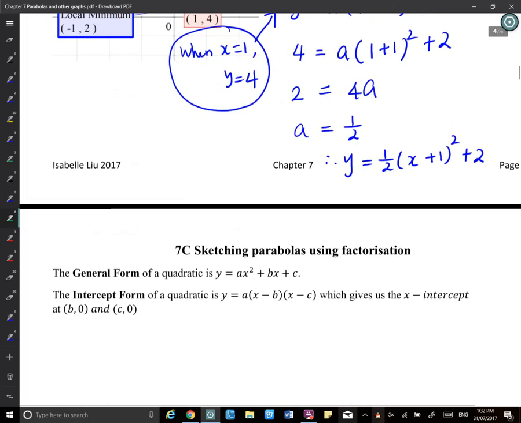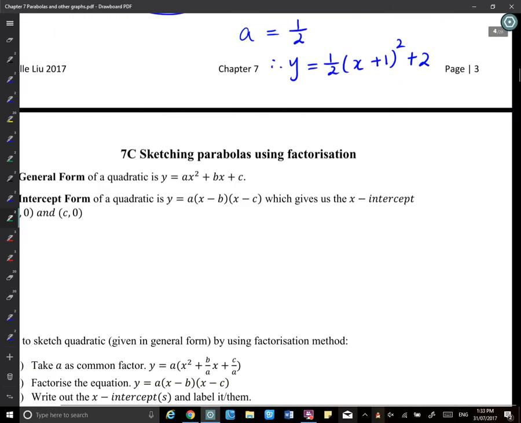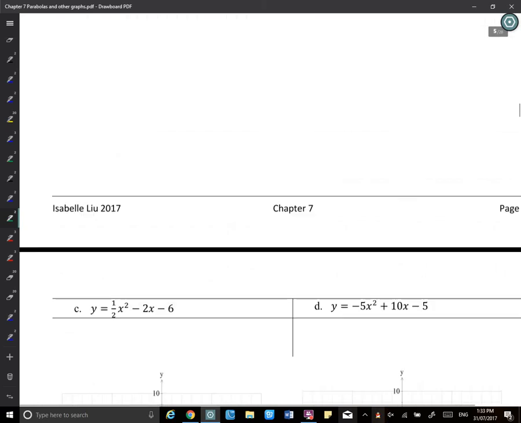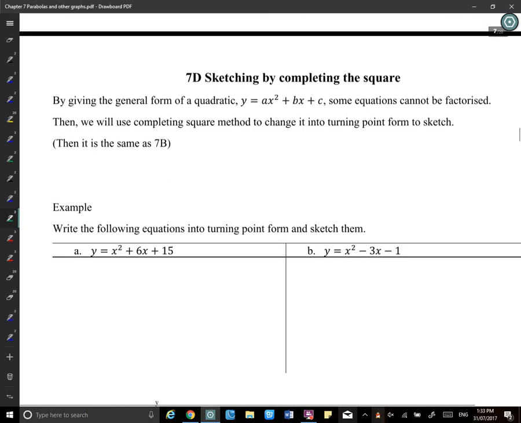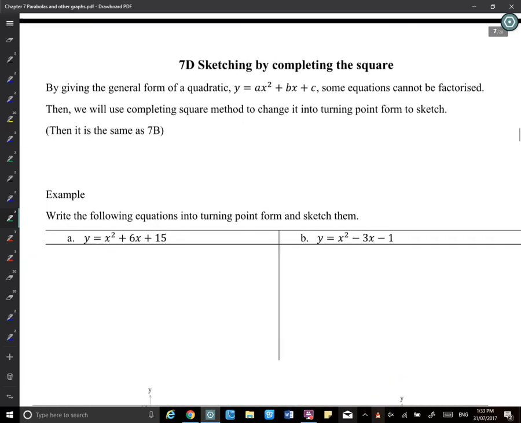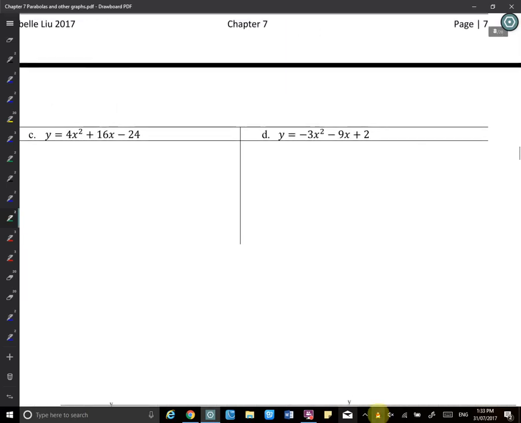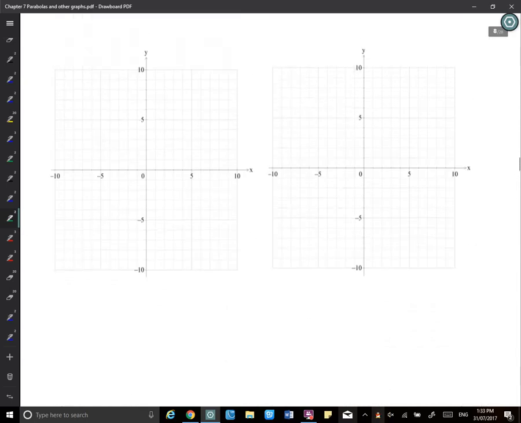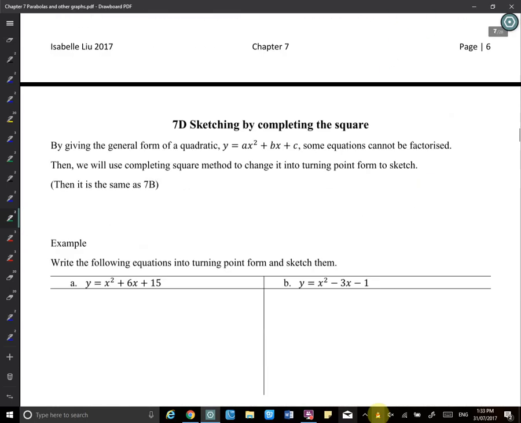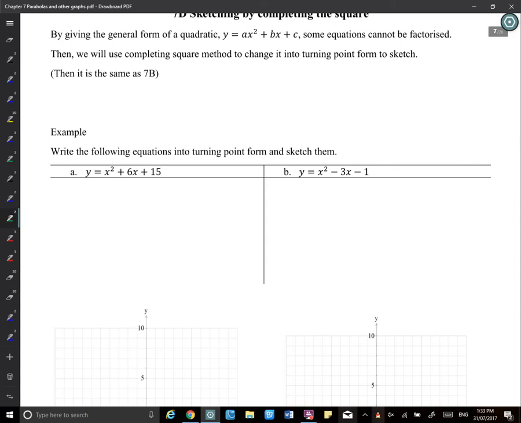That's exercise 7B. For the rest of this lesson, I have 30 minutes left. Can you go to pages 7 and 8? Complete the square for all of those graphs, because they are not in turning point form.